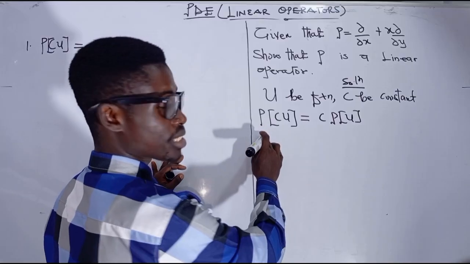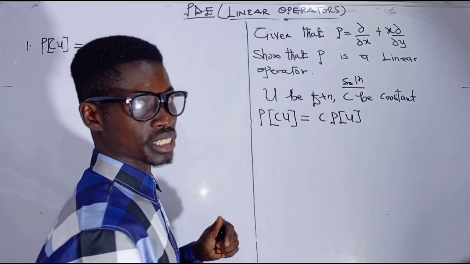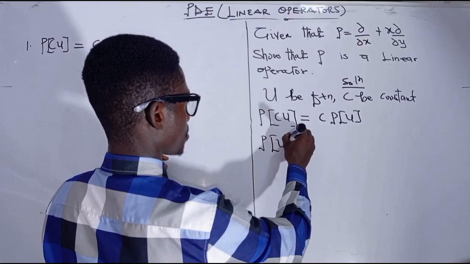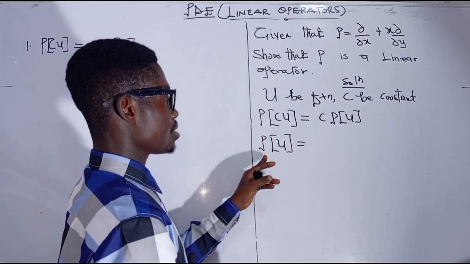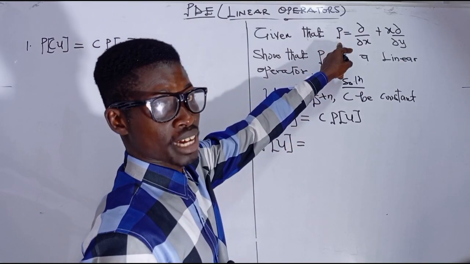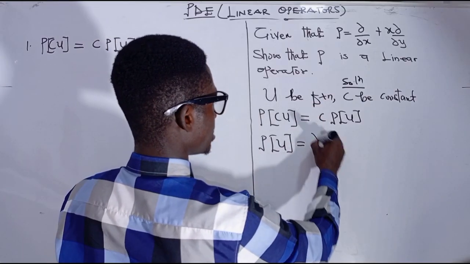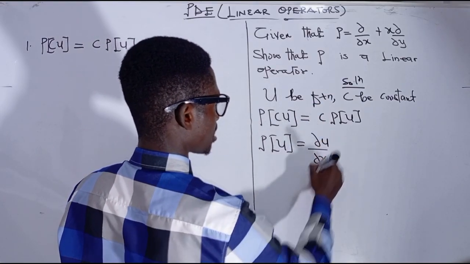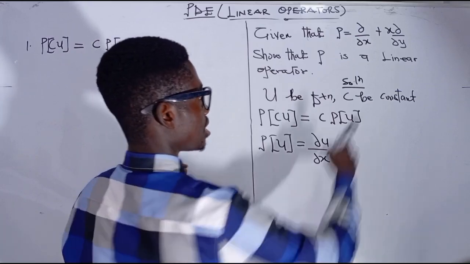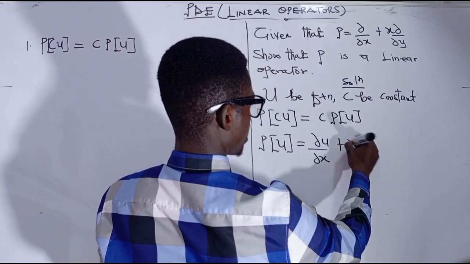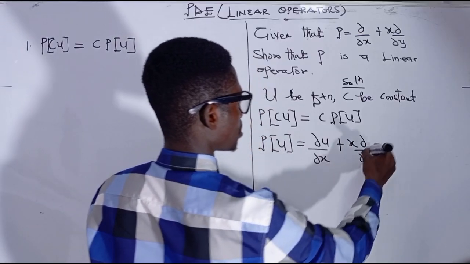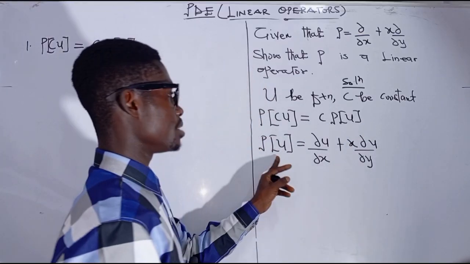That is the operator P operating on the function U. So PU means we have to first write what? The operator. The operator is what? ∂/∂X. Operating on the function U, we are just going to attach the function to the operator. Then we have plus X ∂/∂Y, and we have what? U.